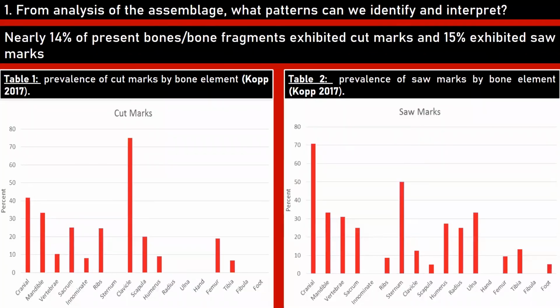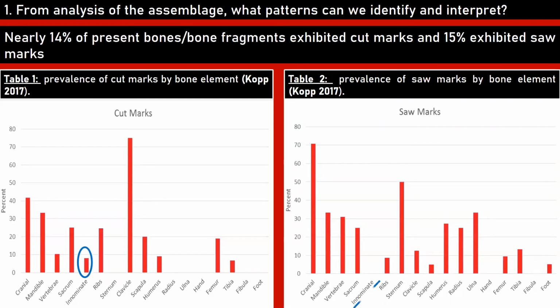Moving away from the skeletal examples and onto patterns that we were able to establish by looking at the skeletal assemblage. In total, nearly 14% of the present bones and bone fragments exhibited cut marks and 15% exhibited saw marks. In the tables here, you can see the frequencies in which these marks occurred in each bone type. The processing of the remains appears quite selective in these tables, with some bone types being highly modified and others being affected far less.